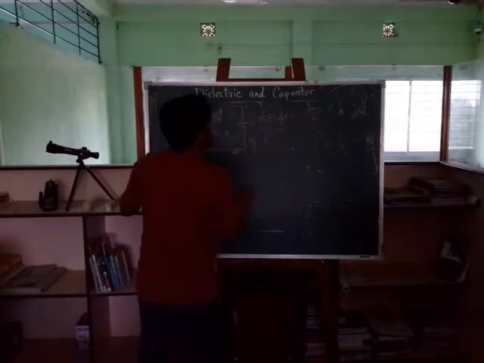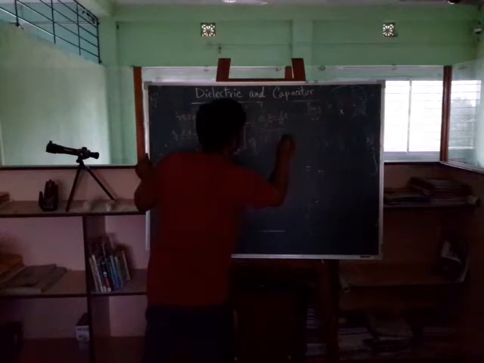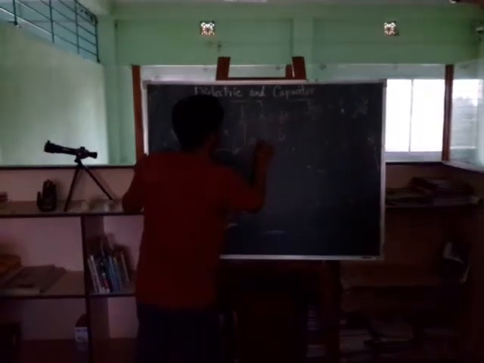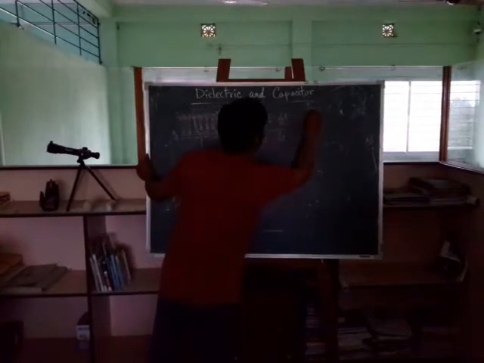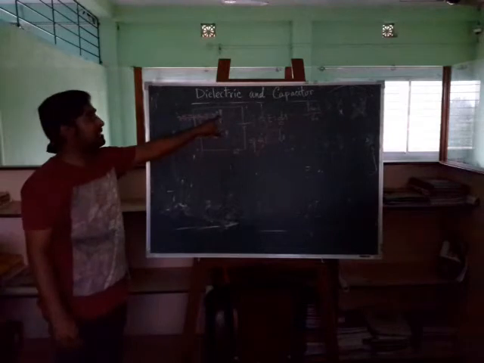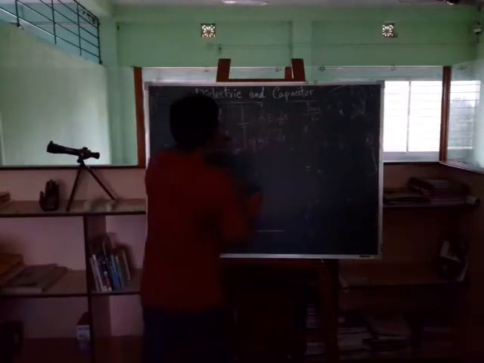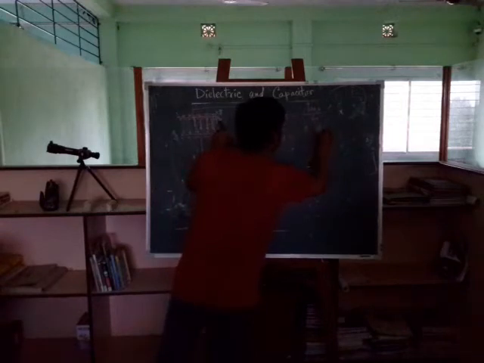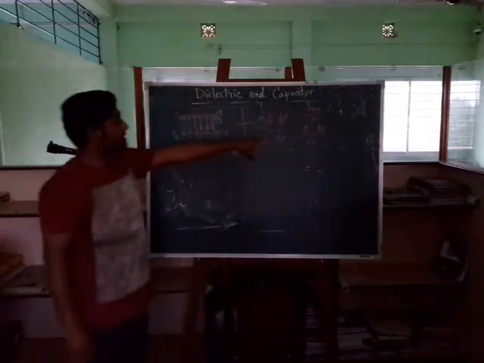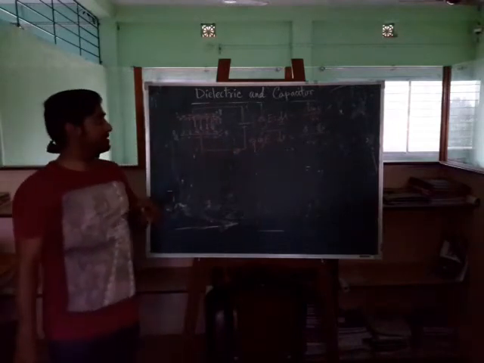We are just going to write the modified version. Now what is Q enclosed? Look, there are two different types of charge. One is the charge supplied by the battery, that is Q, and then there is minus QP, divided by epsilon naught. Q minus QP over epsilon naught is the charge enclosed by this Gaussian surface.